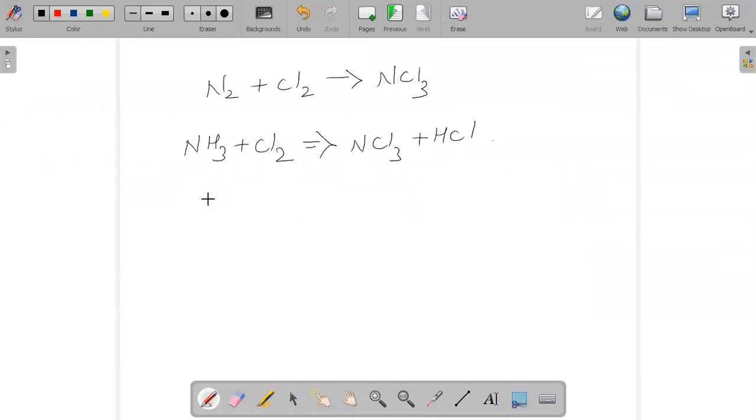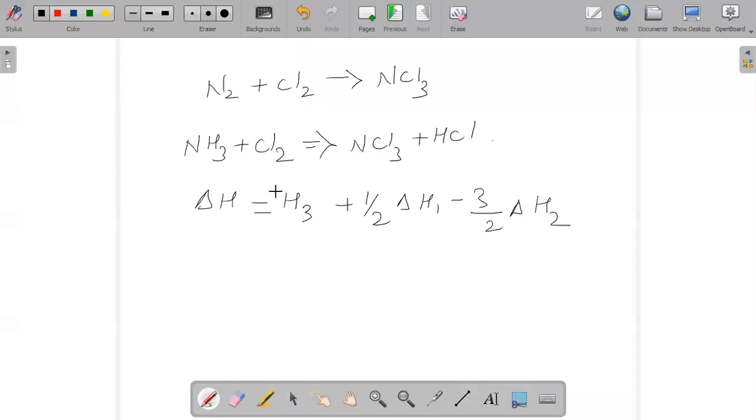So I would suggest that delta H will be equal to delta H3 plus half of delta H1 minus 3 by 2 delta H2.